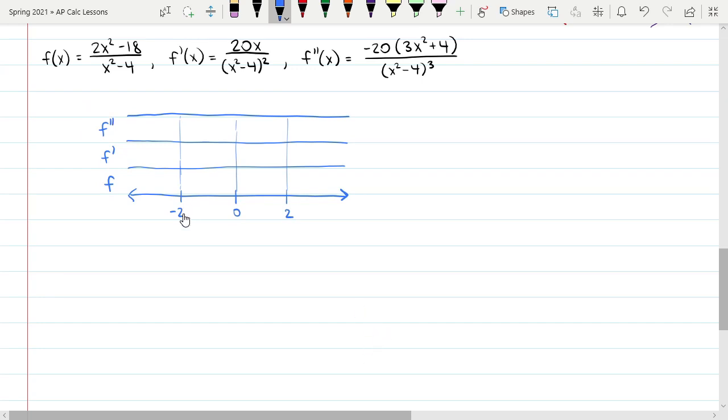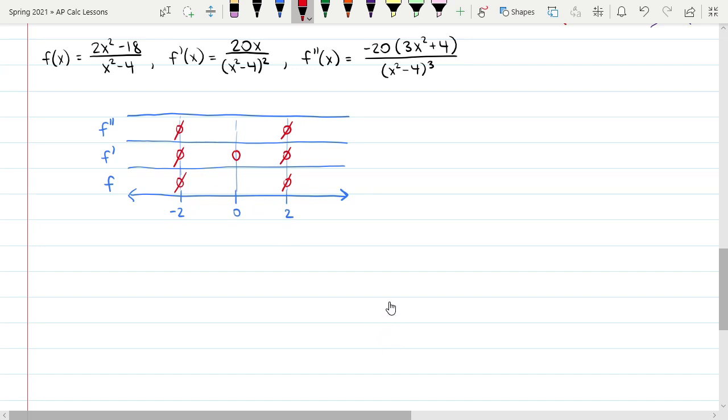Okay, now remember why -2 was in this chart. -2 was in this chart because it was a domain restriction for f, but it also made f prime and f double prime undefined. Now, 0 was in this chart because it made f prime 0. So on the f prime line, that's where I'm putting that 0. And then finally, 2 was in this chart for the same reason -2 is, which is it made f prime and f double prime undefined.